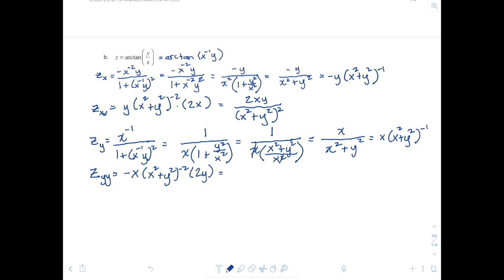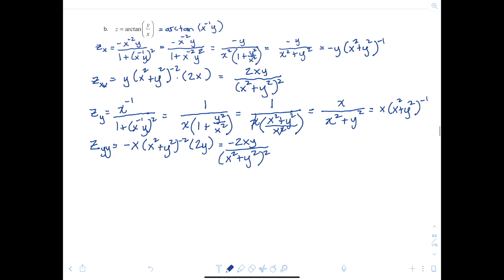So that will be negative 2xy over x squared plus y squared squared. Oh, that's interesting. So they're just going to be opposites of each other, those two derivatives. So this was our zxx, and this here was our zyy.